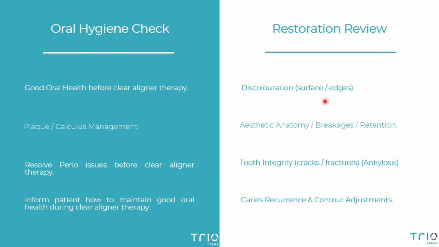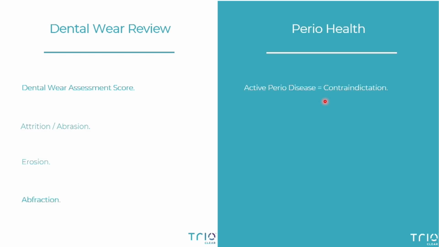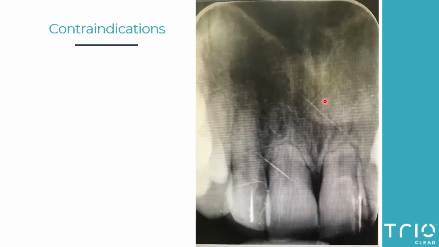And so all of these issues, if they're there, they need to be resolved before you can consider looking at it as a clear aligner case. Dental wear, particularly caries and periodontal health though. And I will show you some cases where it would be quite easy to overlook the periodontal side of things, and then it would become a real problem to you later.